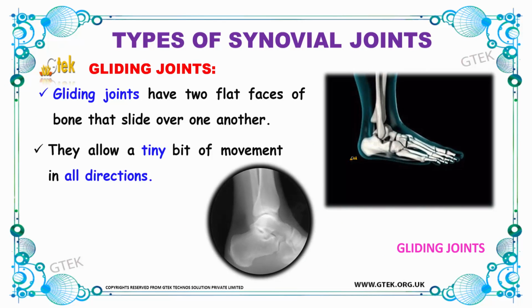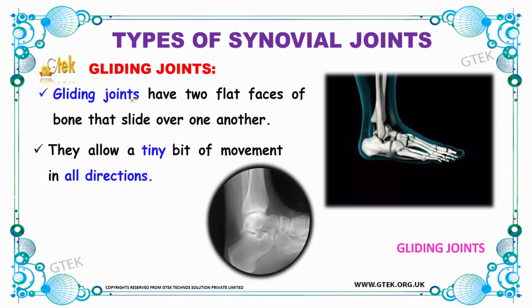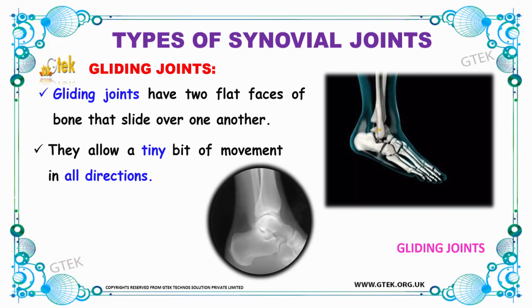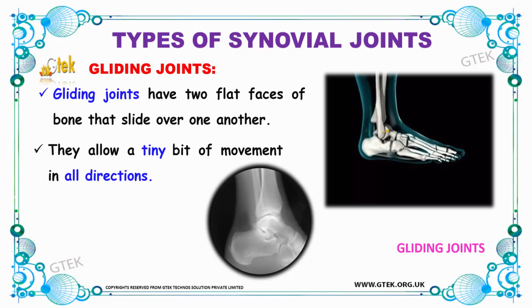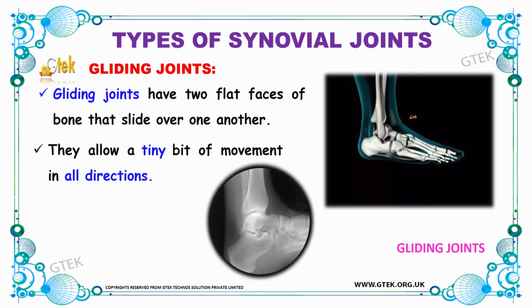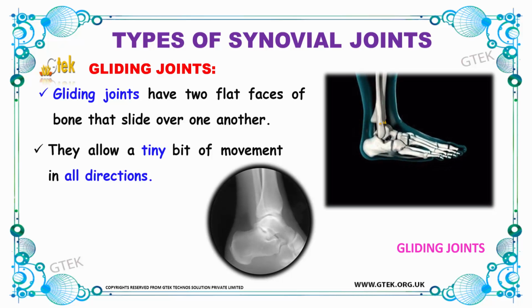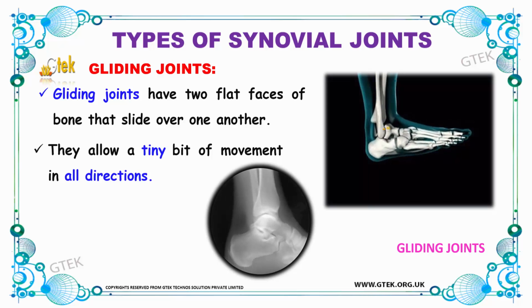Next we have gliding joints. Moving on, we have the gliding joints, which have two flat faces of the bone that slide over one another. They allow a tiny bit of movement in almost all directions.